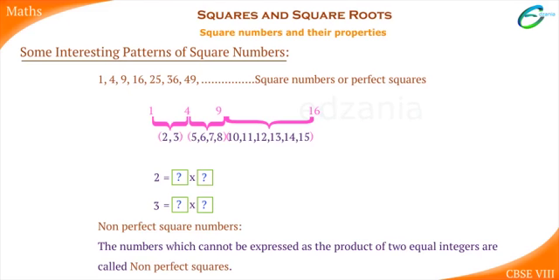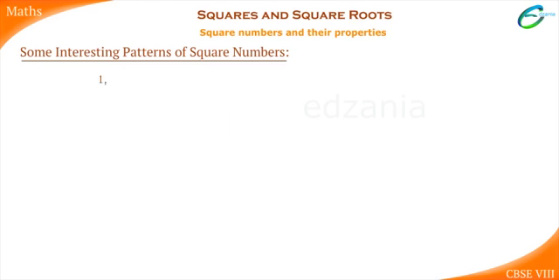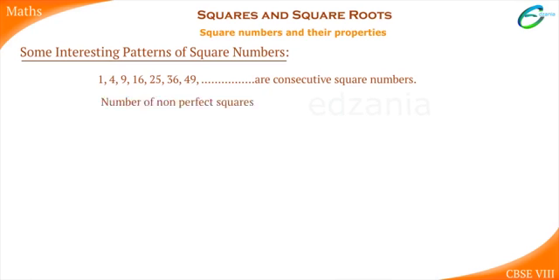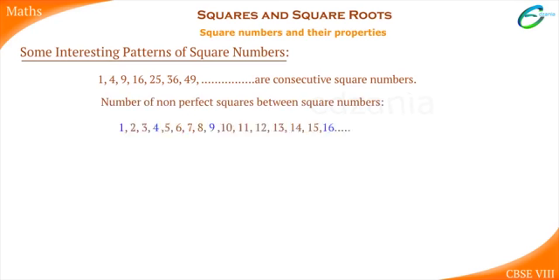We call them non-perfect squares. We know that 1, 4, 9, 16, 25, 36, 49, etc. are consecutive square numbers. Do you know the number of non-perfect squares between two square numbers? Let us learn the pattern of the number of non-perfect square numbers between two square numbers.